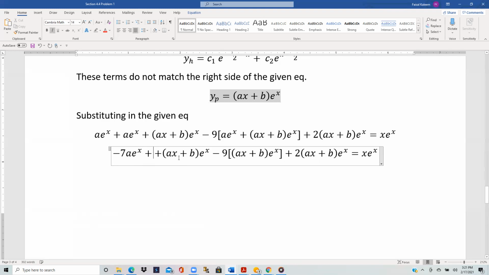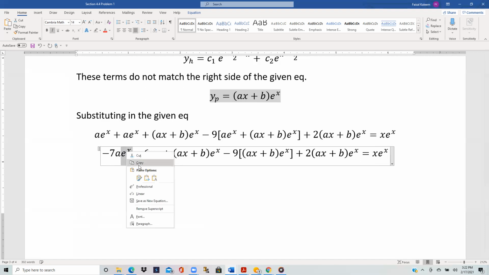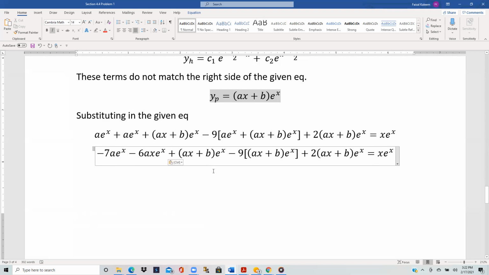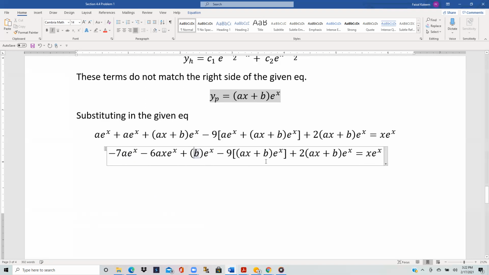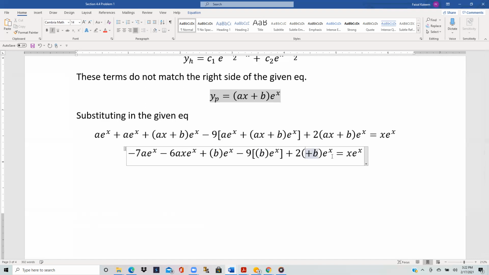So I have negative 6 ax e to the x. So I've taken care of all the ax ex's. So it means this one is gone. This was ax ex. This is gone. And this is gone. That's ax ex.